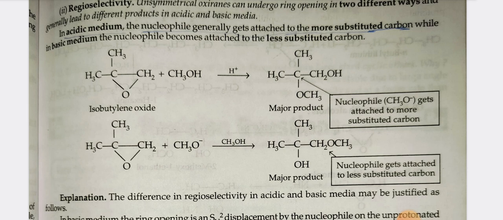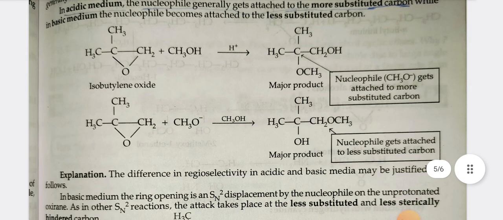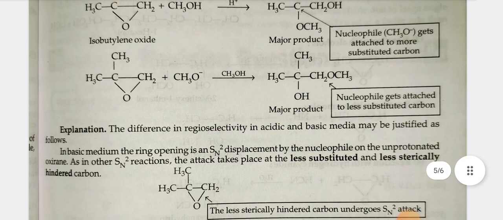For example, CH3CCH3OCH2 plus CH3OH in the presence of H positive will give CH3CCH3OCH3CH2OH, where the nucleophile CH3O negative gets attached to the more substituted carbon and forms the major product. Next, CH3C(CH3)CHOCH2 plus CH3O negative in the presence of CH3OH will give CH3C(CH3)COH CH2OCH3, the major product, where the nucleophile gets attached to the less substituted carbon.